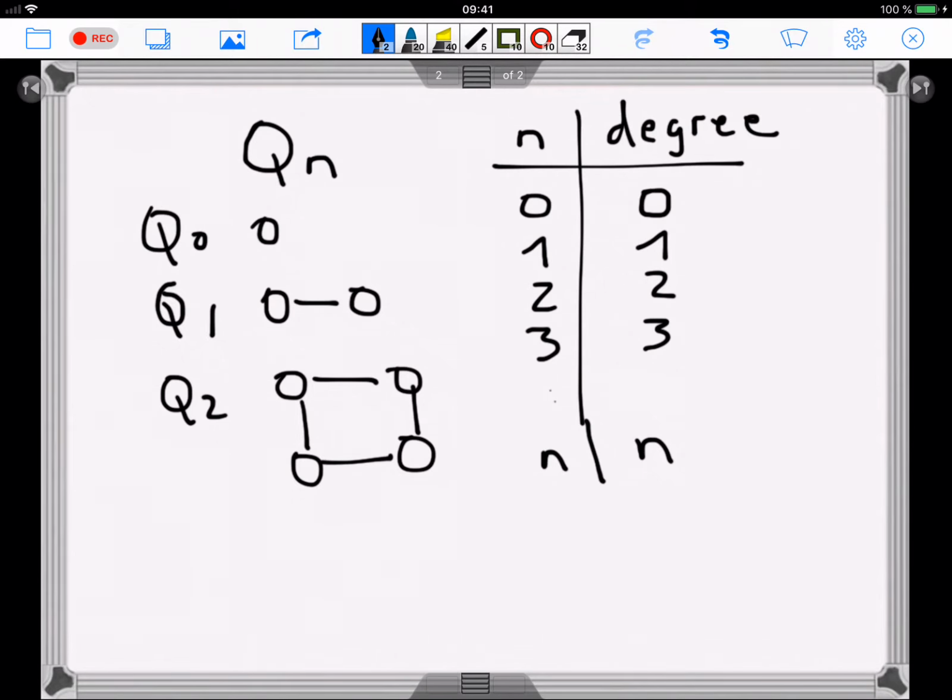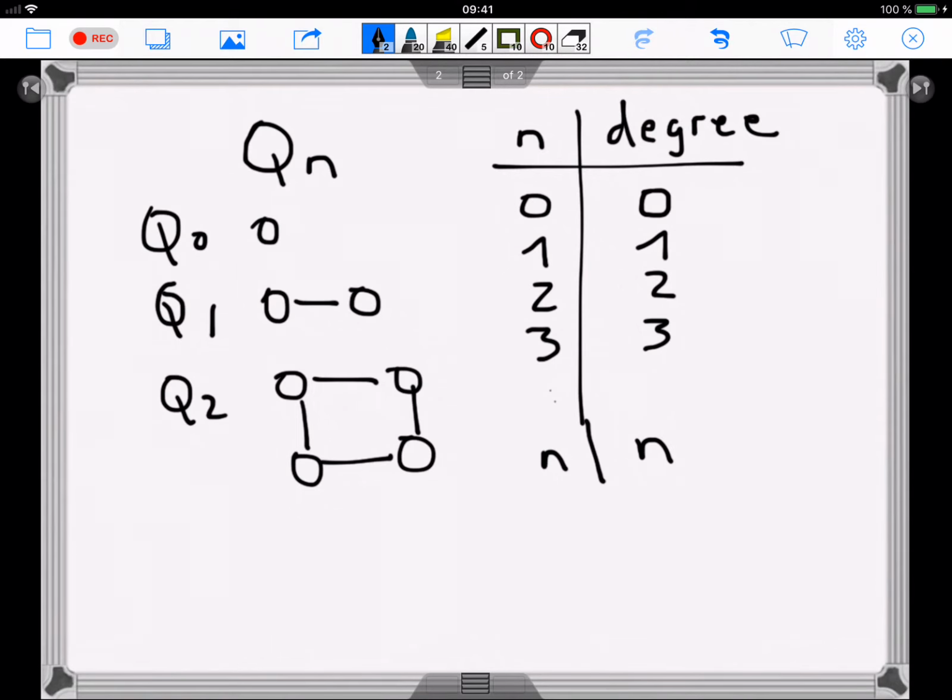This is so because, again, we start with 2 copies of the previous one. Before we connect anything with new edges, we have degree n minus 1, and then we connect one vertex to exactly another one. We connect 2 vertices of each copy of the previous graph.